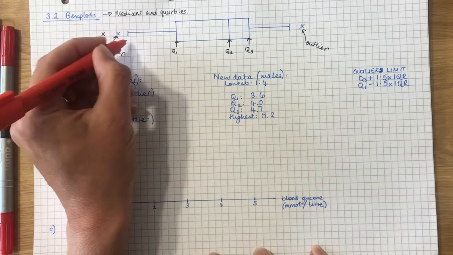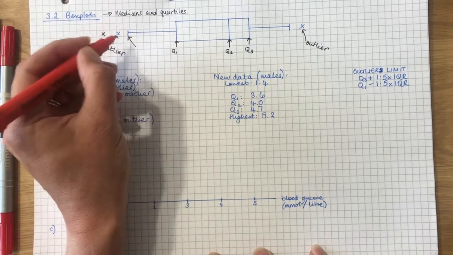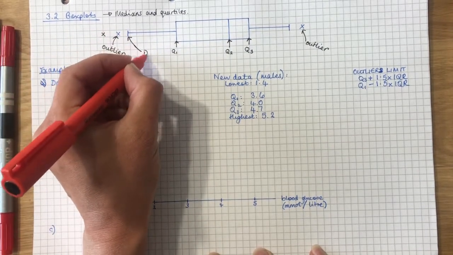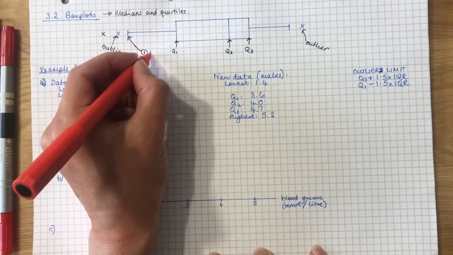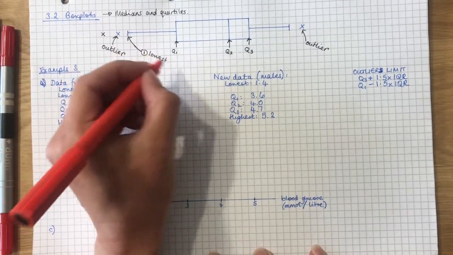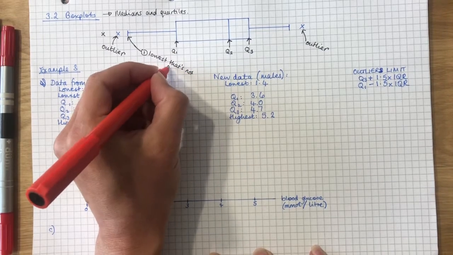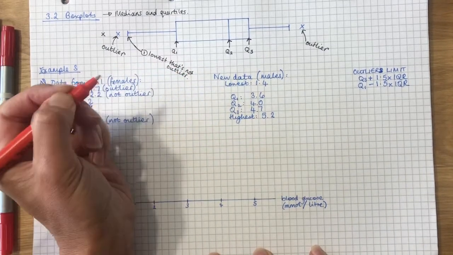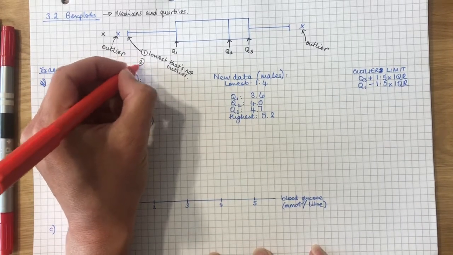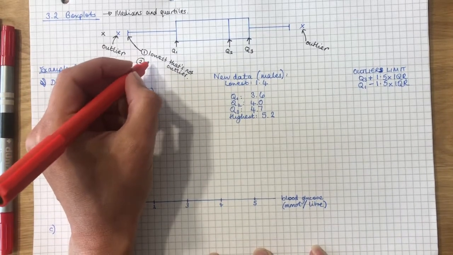The whiskers will be drawn to one of two things. Either, if you know it, the lowest value that's not an outlier, or if you don't know what that value is, you'll draw it to your outlier limit.